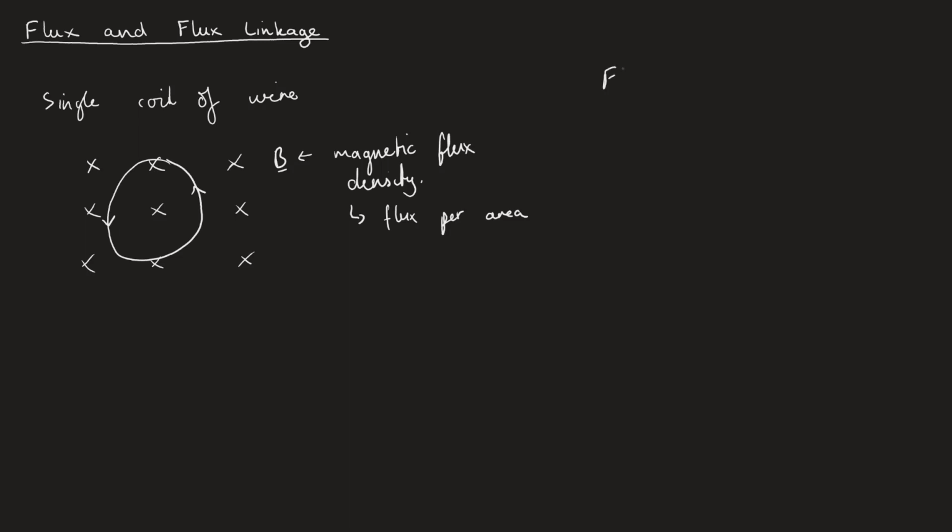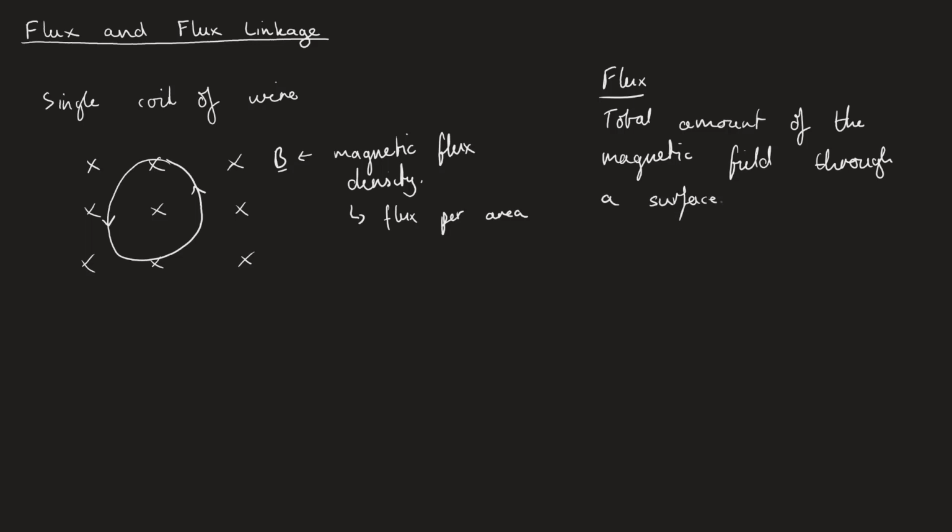So if flux is a measure of the total amount of the magnetic field through a surface, and we already have this idea of a flux density, which is per area, we want to take that flux density and multiply it by the area that it's going through.